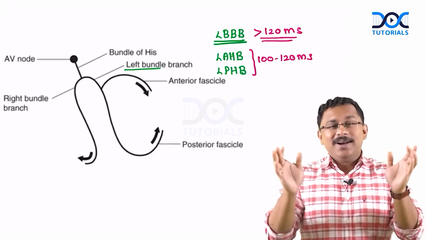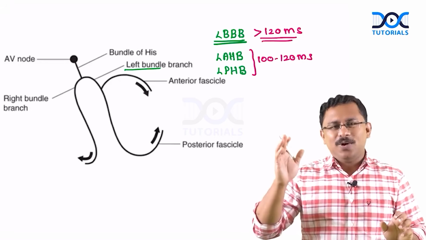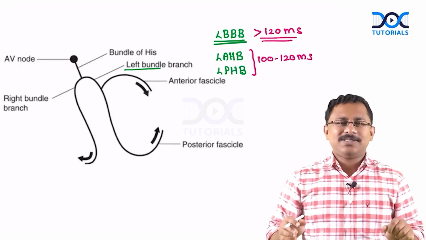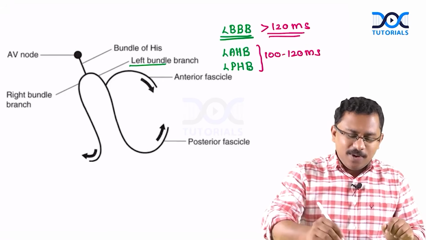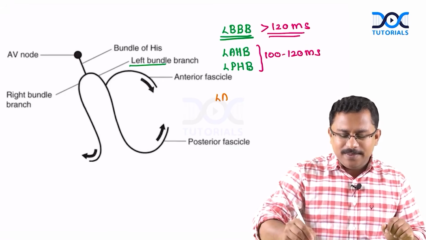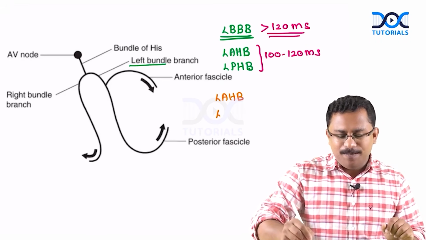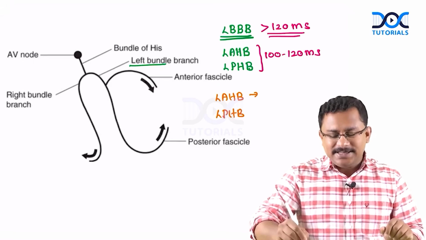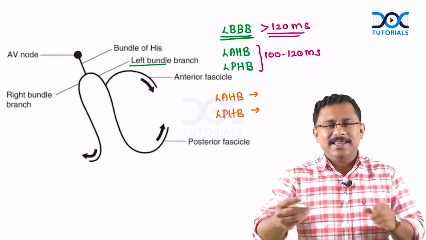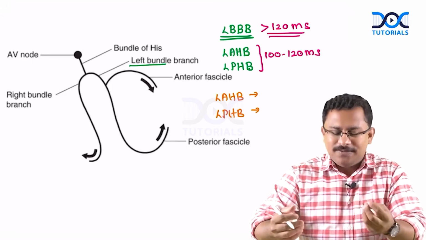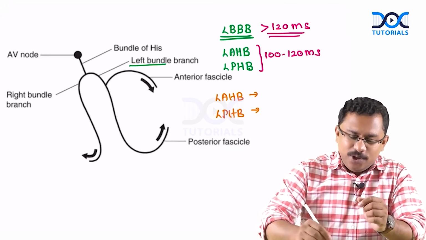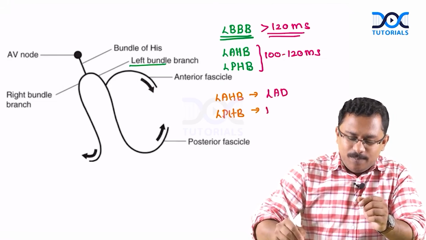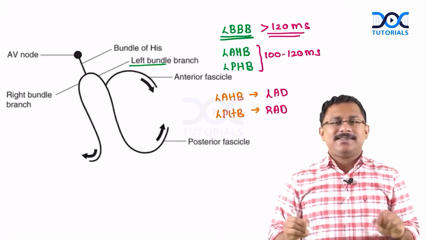This is called incomplete left bundle branch block. That is with the hemiblocks, LAHB as well as LPHB. These are also associated with axis deviations, which I discussed where I covered the axis. With LAHB you will have left axis deviation, and with LPHB a right axis deviation.